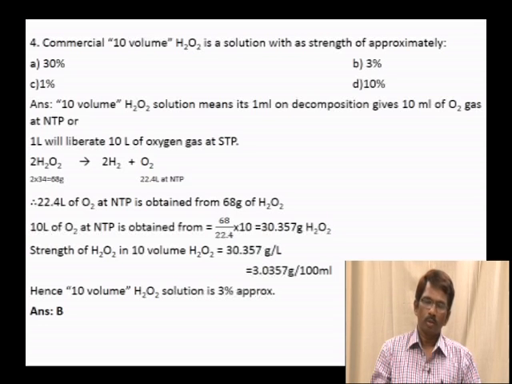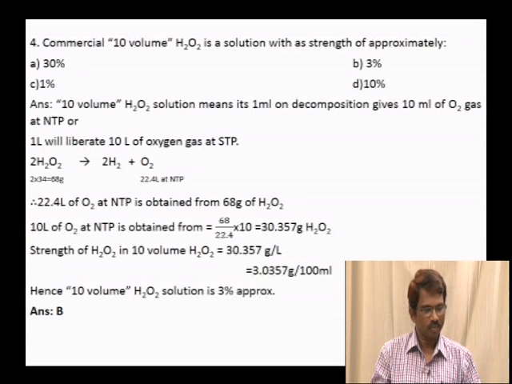Obviously, 22.4 liters of oxygen gas at STP is obtained from 68 gram of hydrogen peroxide. Therefore, 10 liters of oxygen gas at STP will be obtained from 68 by 22.4 into 10, which gives you 30.357 gram of hydrogen peroxide.